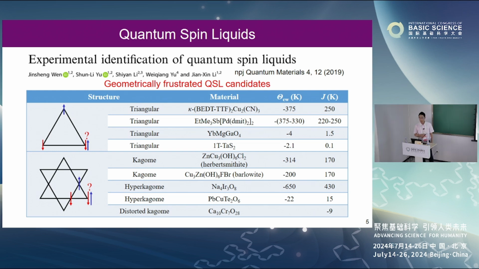Among these materials with the triangular lattice, ytterbium magnesium gallium oxide was studied most extensively. This material was initially believed to be a very promising quantum spin liquid candidate.